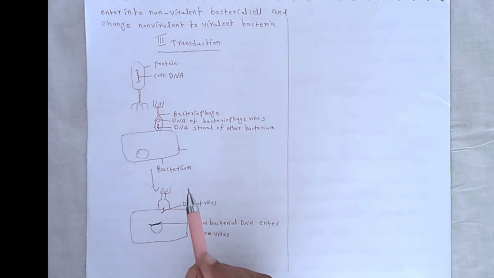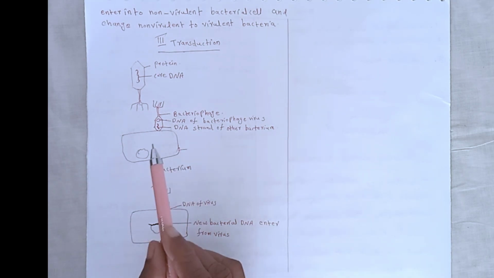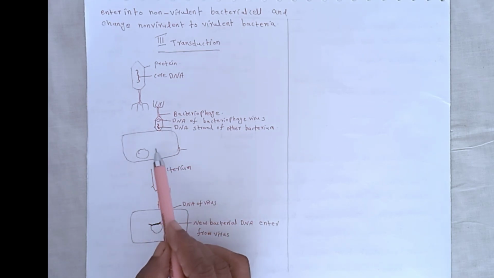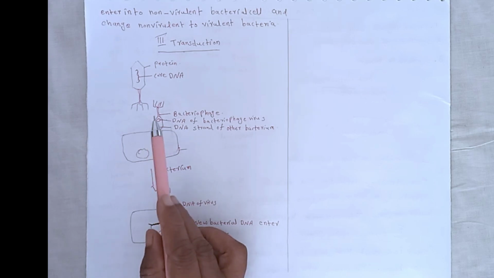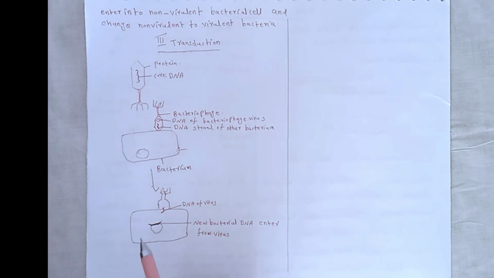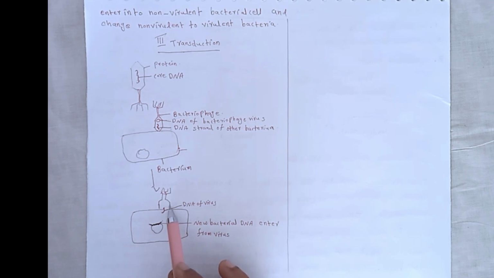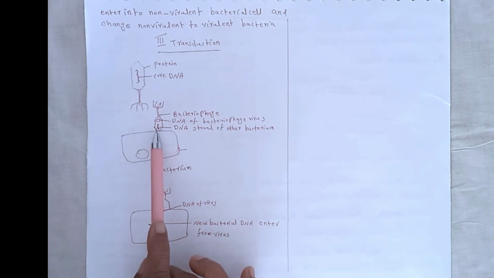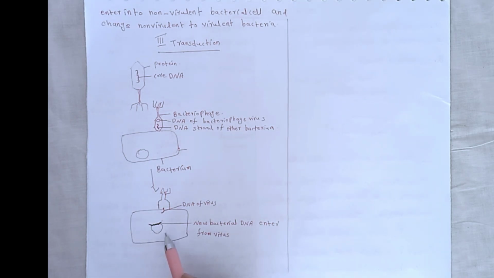The transduction refers to transfer of DNA from one bacterial cell into another bacterium through the agency of a virus, that is a bacteriophage. We draw these pictures. This is the first and then this is the second picture. Here we can see the bacteriophage penetrate and break the wall of the bacterial cell and transfer the two DNAs to the bacterial cell.